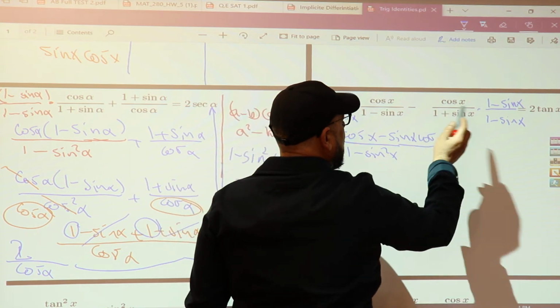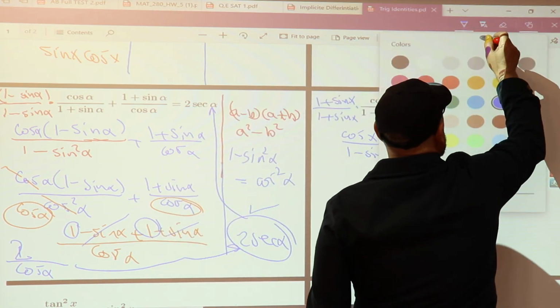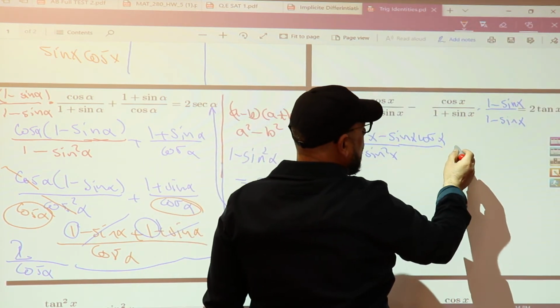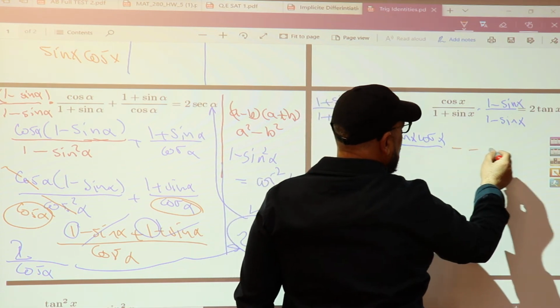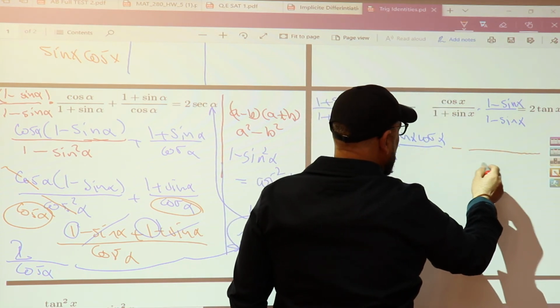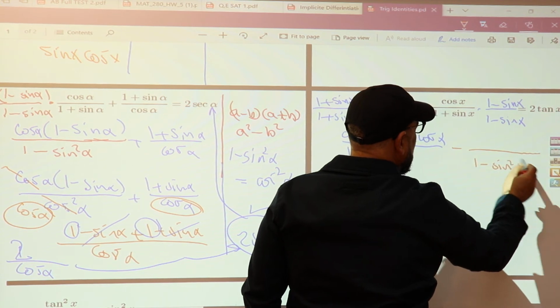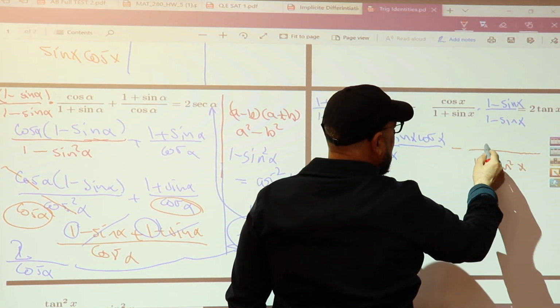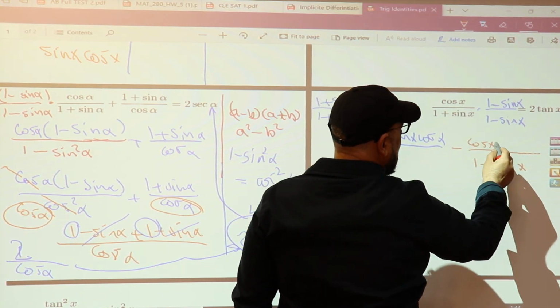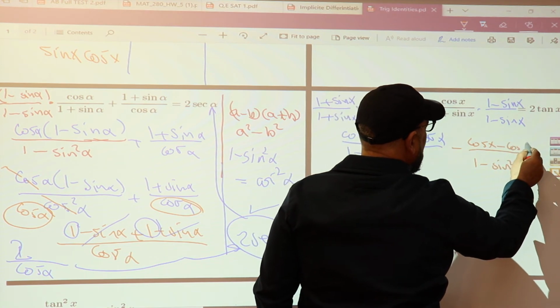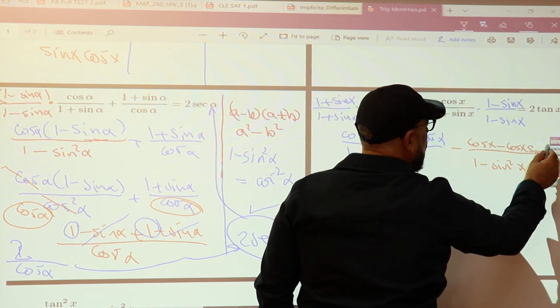Okay, the first part. And here, I'm going to use a different color, minus, and the bottom the same, 1 minus sine square x, but here cosine x minus cosine x sine x.